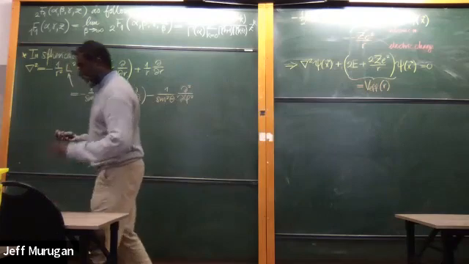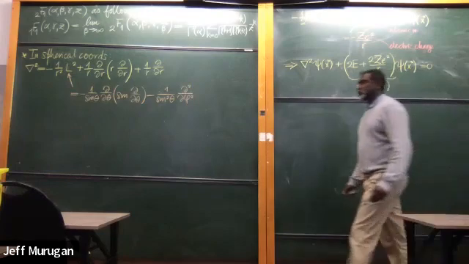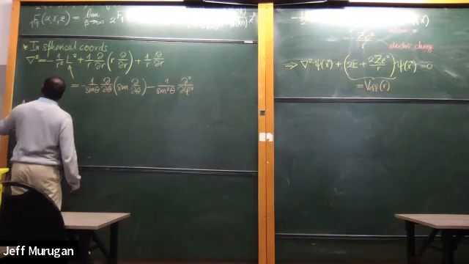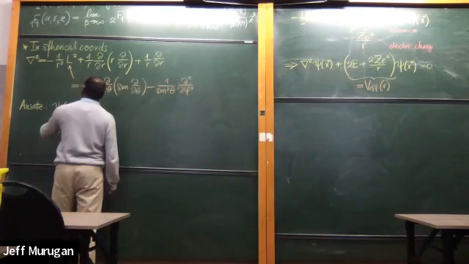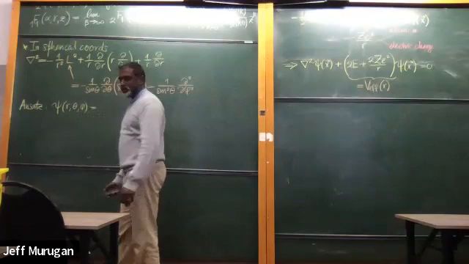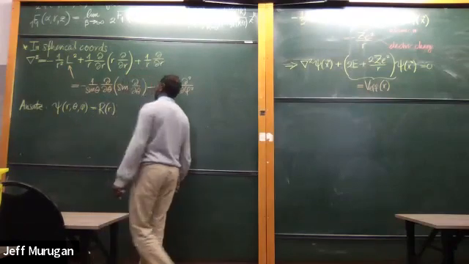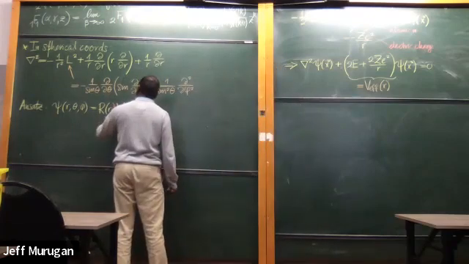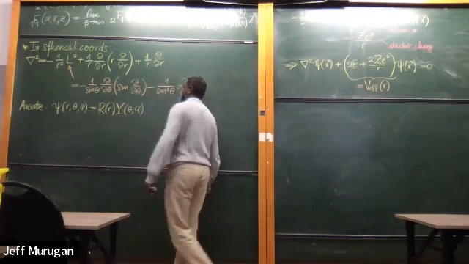Okay. So let's solve this problem using separation of variables. We'll take as an ansatz for psi of r, theta, phi a separable ansatz, where I'm going to separate things in the radial direction and things in the polar directions, like this.